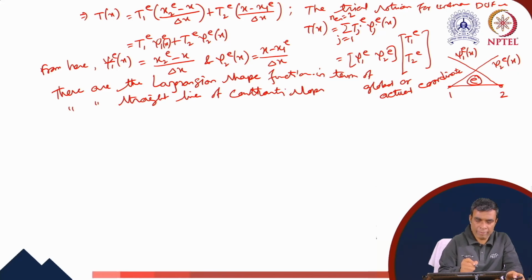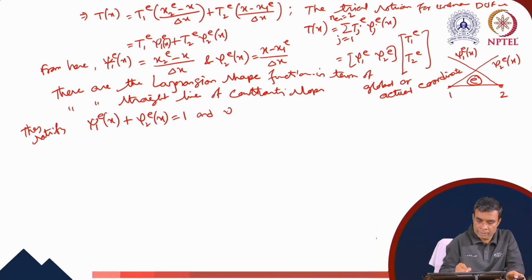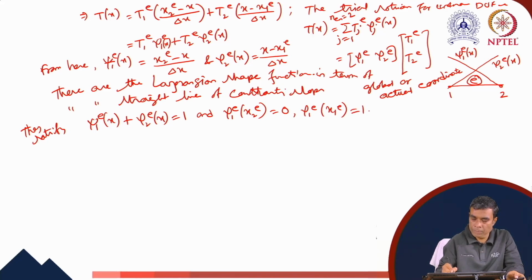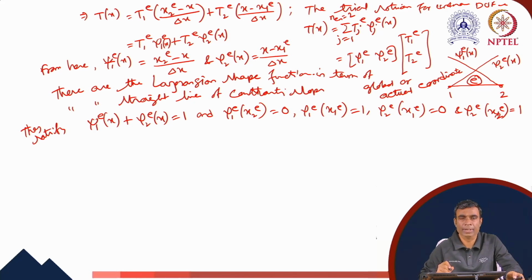Now, these shape functions satisfy psi 1e(x) plus psi 2e(x) equals 1, and psi 1e at x2e will be 0, psi 1e at x1e will be 1, psi 2e at x1e will be 0, and psi 2e at x2e will be equal to 1. So these are the basic properties of Lagrangian shape functions.